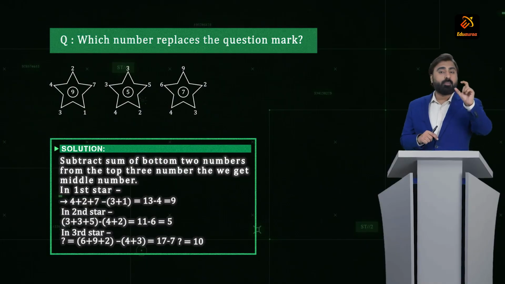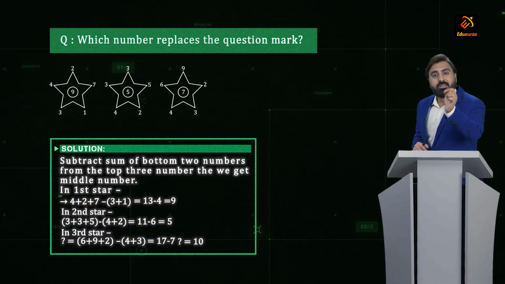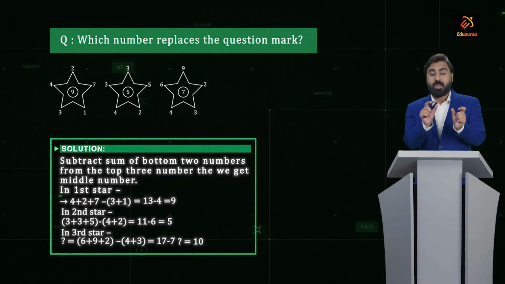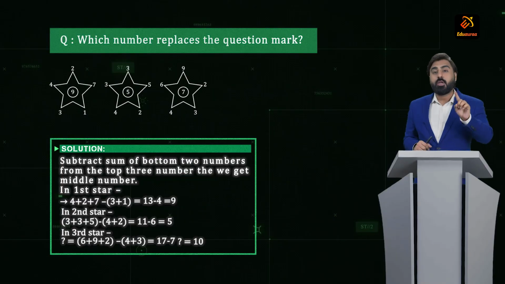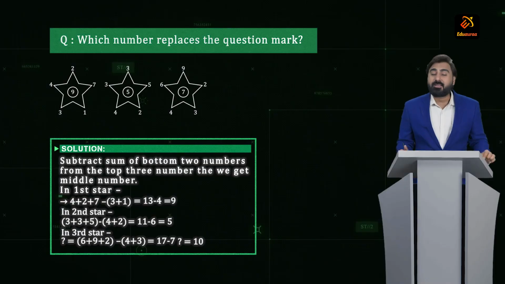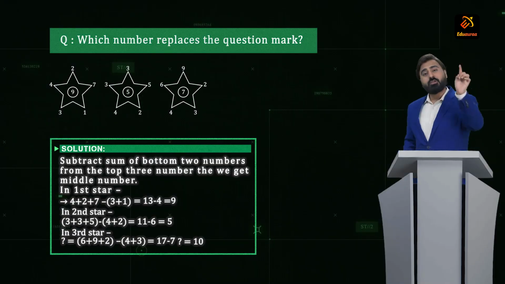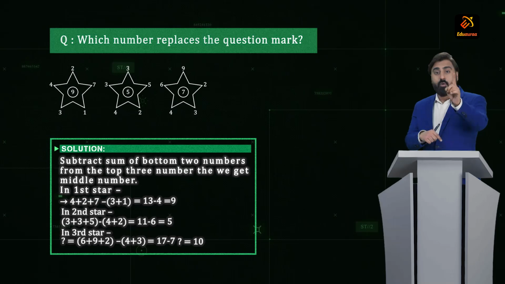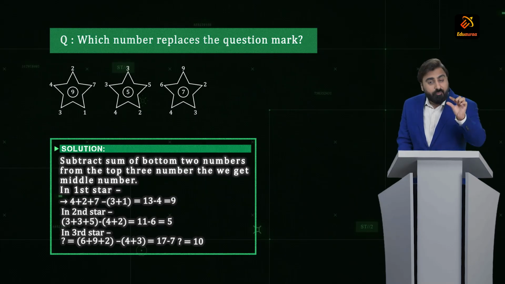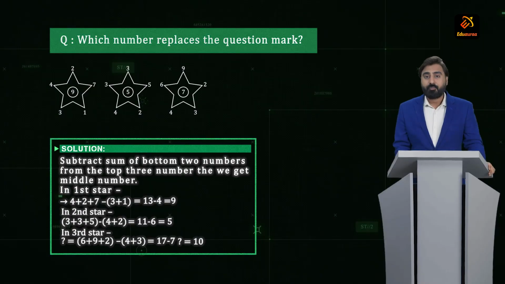So when you subtract, 4 plus 2 plus 7 minus the addition of 3 and 1, it gives you the number which is inside the circle. So, 4 plus 2 plus 7, 13, minus 4 gives you 9. It is present inside the circle of the first star.